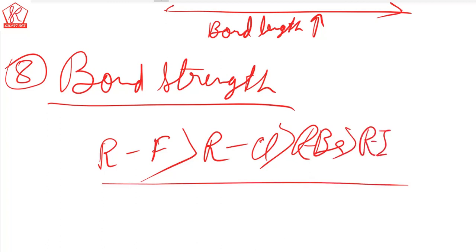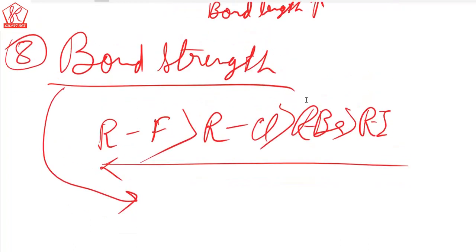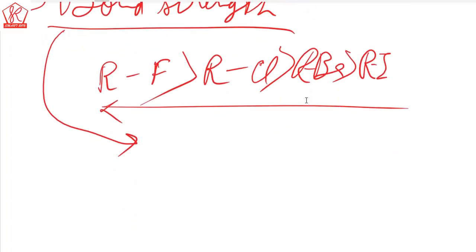So that's all about the bond strength. I hope you can understand what bond strength is. Let me tell you once again how we understand which has more bond strength. The more the size of the atom, the less the bond strength. The reason is the nuclei of the two atoms are very far off because the size of the atom is big.